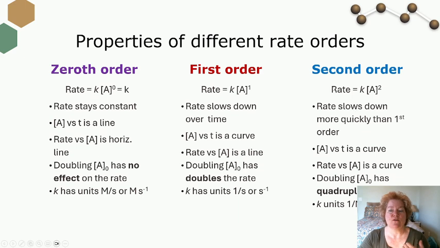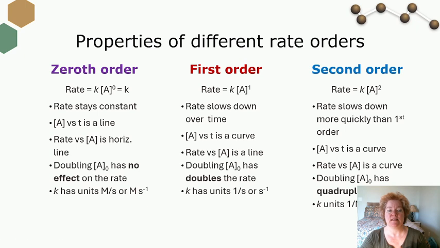If it's second order, again, rate is equal to K times the concentration of the reactant squared. The rate is going to slow down with time, but more quickly than a first order. Concentration versus time is also a curve. The difference between first order and second order graphically is that if I have the rate versus the concentration, I get a curve, not a line. And if I double the initial concentration of the reactant and I measure the rates, it's going to quadruple the rate.